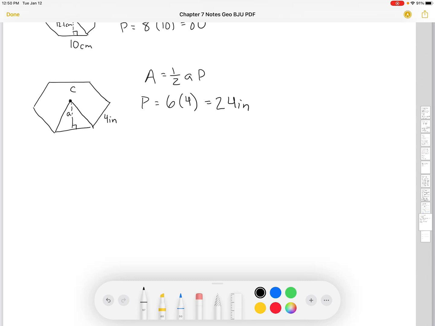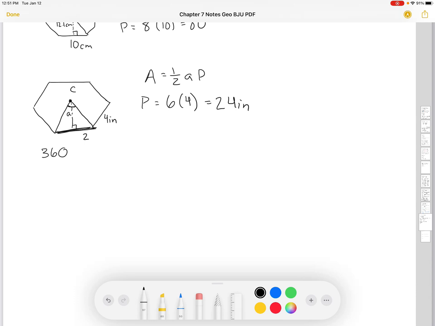Well, when my apothem's drawn, I cut the central angle here in half, and I also cut this side in half. So I know that this piece is 2. Now let's figure out what our central angle is.